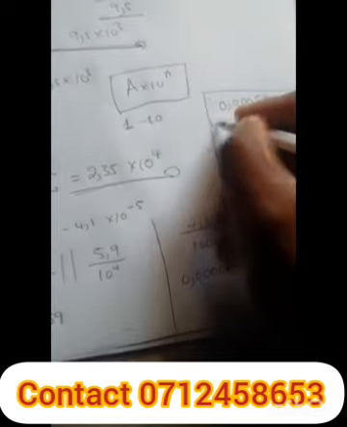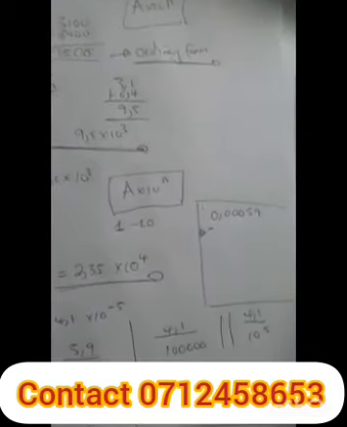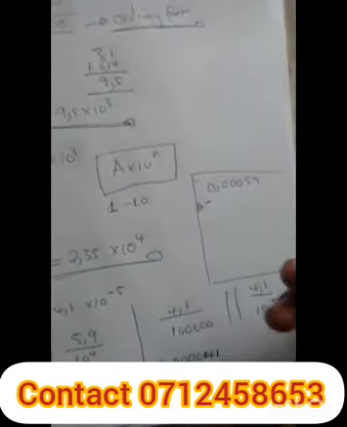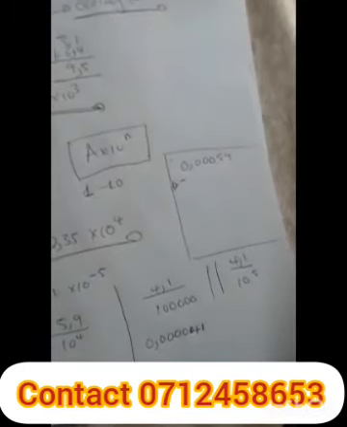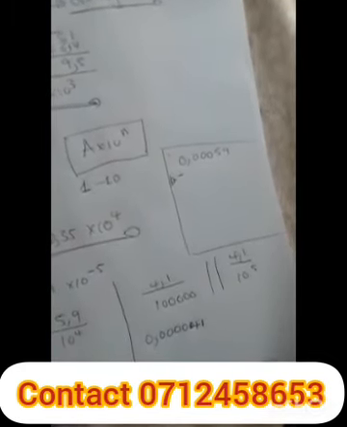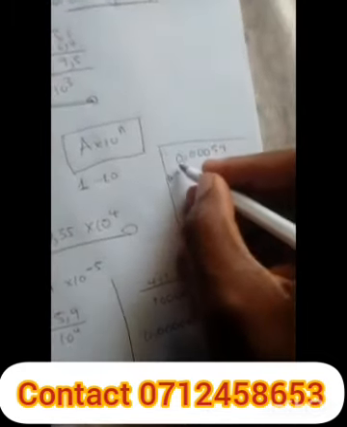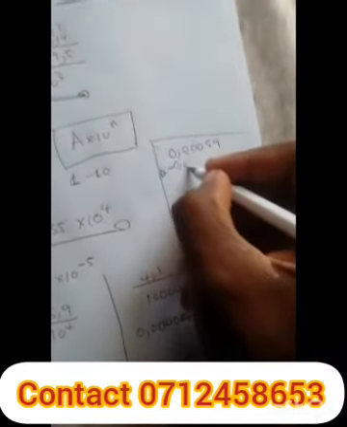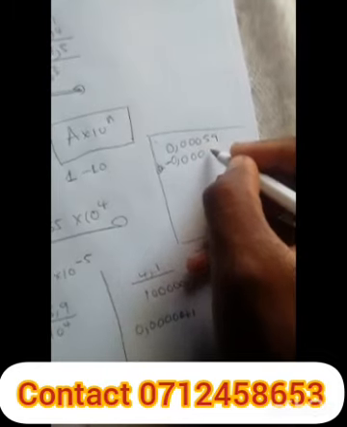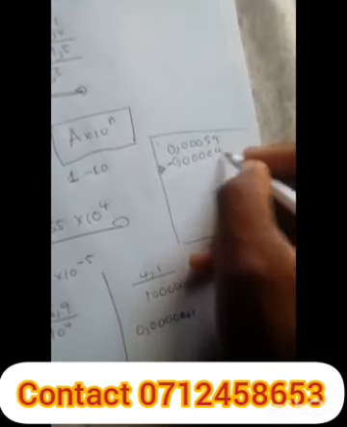0,00059 plus, sorry, it's a minus. Okay, progressing as we are subtracting there. So minus 0 comma 0 0 0 0 4 1.